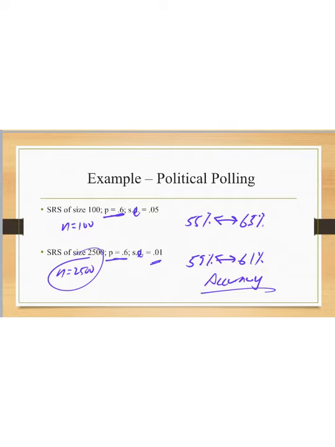But if they ask a bunch more people, thousands of people, then they can start to report really small margins of error and say that this candidate is supported at this rate, give or take 1 or 2 or maybe 3%. You tend to see between 3 and 4% as a margin of error on TV.